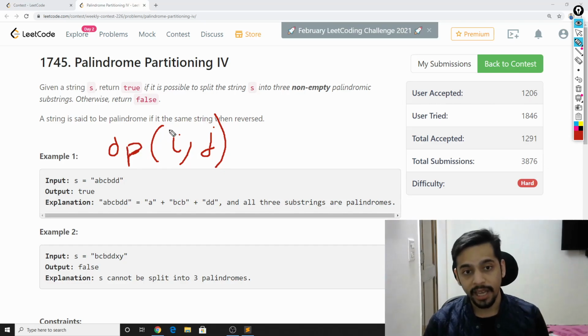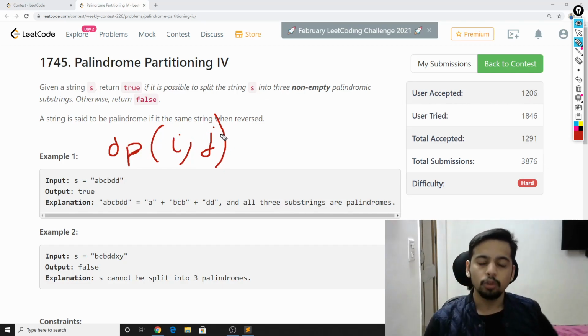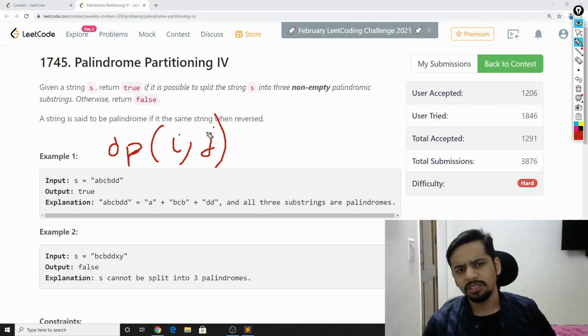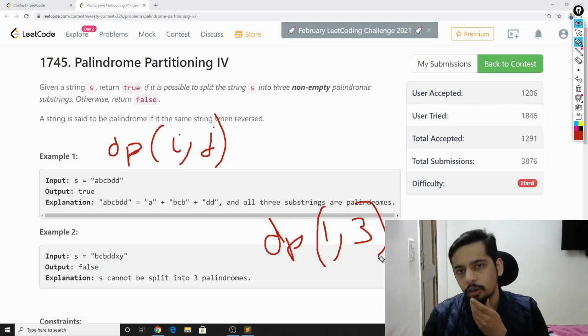Can I take this substring starting from ith till the nth and break it down into j substrings that are all palindromes? It's either going to be true or false, and my final answer would basically be that can I take the substring starting from 1 till n, that is the entire string, and break it down into three substrings that are all palindromes.